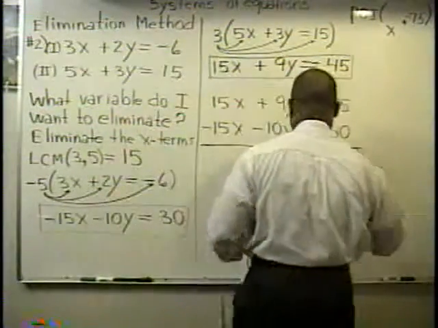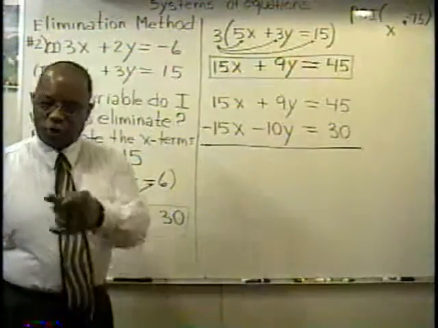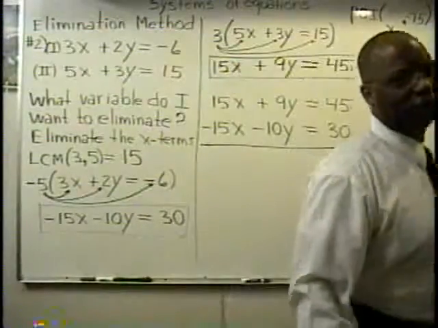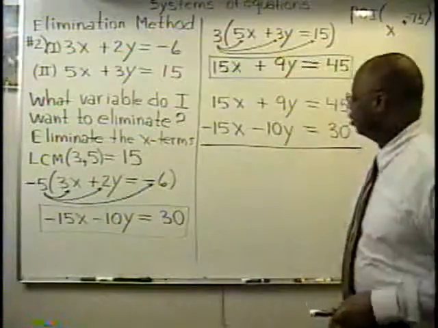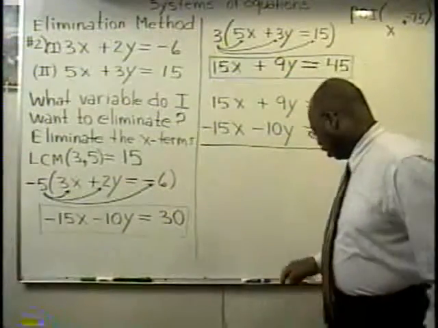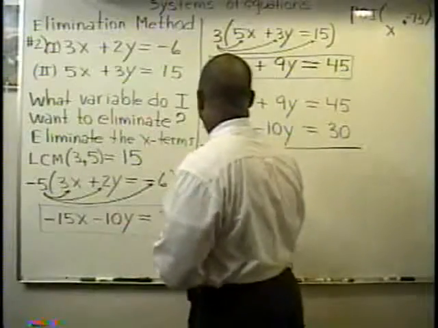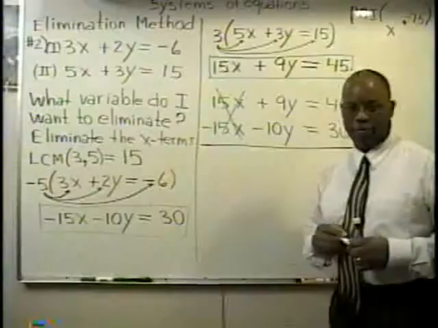Now I draw my line across here. And what happens next, Joe? What's going to be the story? Like on the Brady Bunch. So, what's the story behind this bunch? Yes. The 15s, they cancel. They are additive inverses of one another.